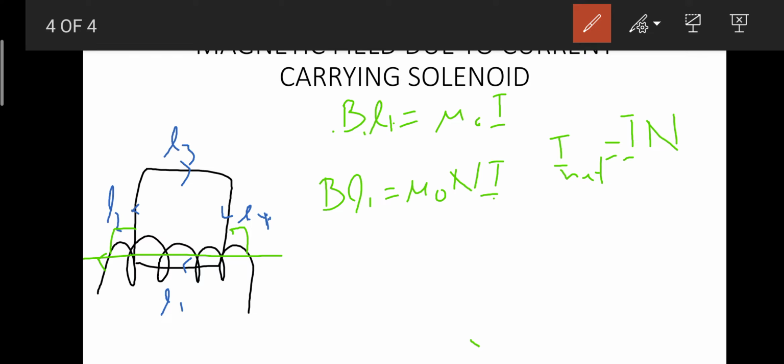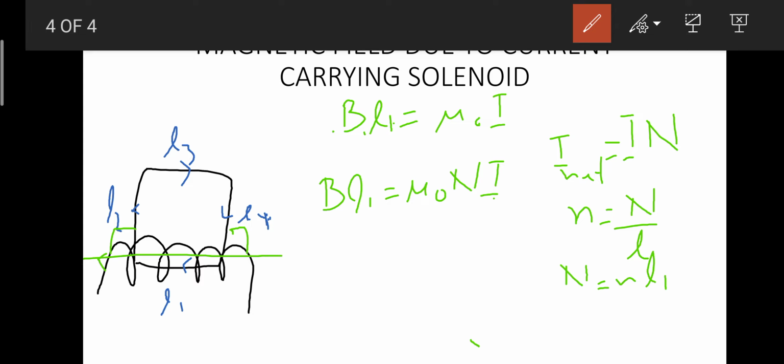Now if I'm going to put the value of this capital N, previously we have used the formula which was known as turns density. It was n equals number of turns per unit length. If I want to get the value of N from this situation, then it would be nL, and we know that only L1 is the side through which we are going to receive the magnetic field, because we are going to determine B on L1, so we are going to consider this length L1.